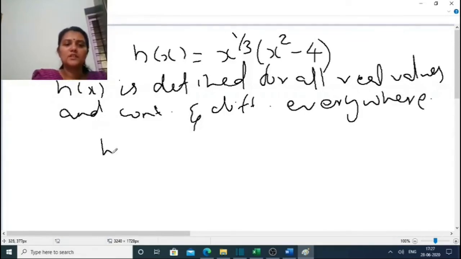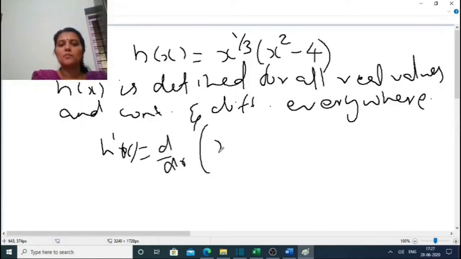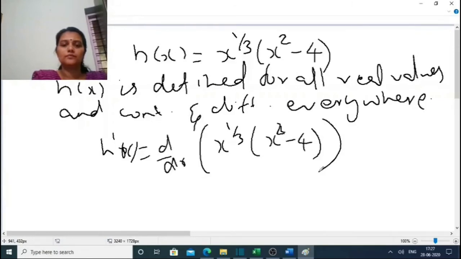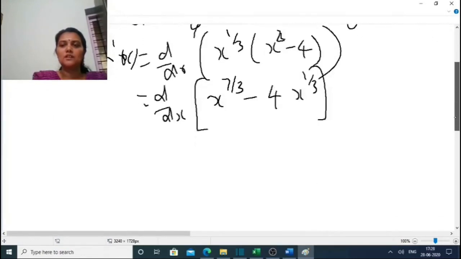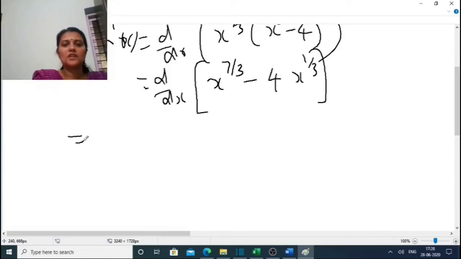So h dash x is equal to d by dx of x raised to 1 by 3 into x square minus 4, which is equal to d by dx of x raised to 1 by 3 into x raised to 2, that is 2 plus 1 by 3, it's 7 by 3, minus 4 x raised to 1 by 3. So the derivative is x raised to n, n into x raised to n minus 1.